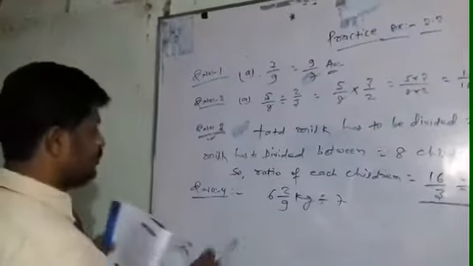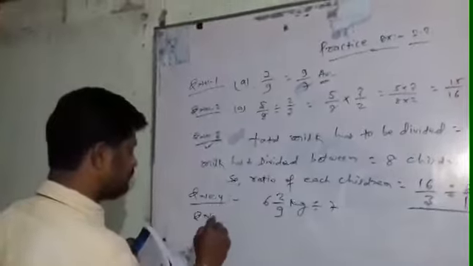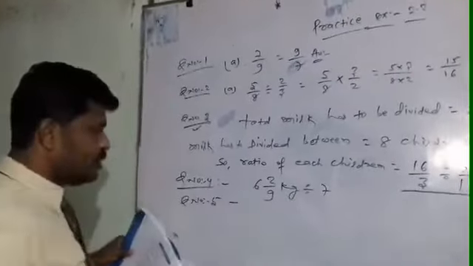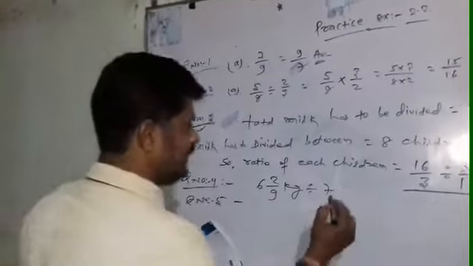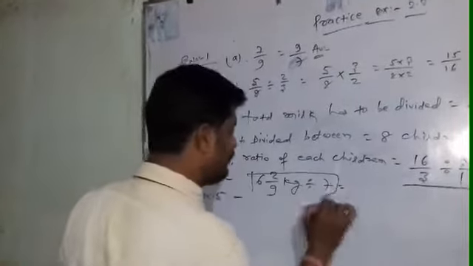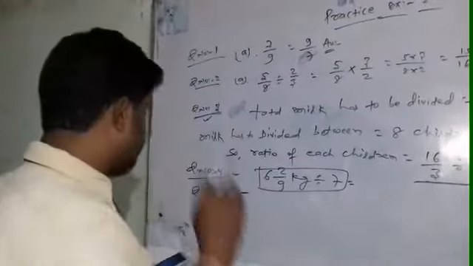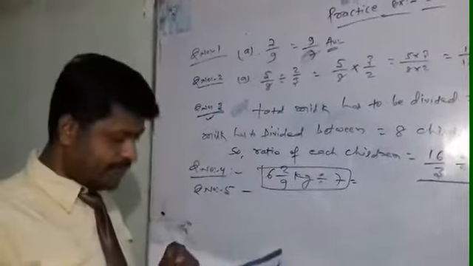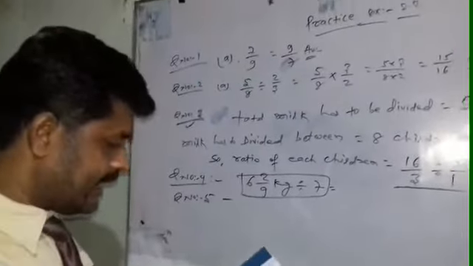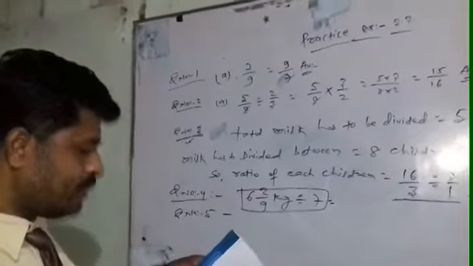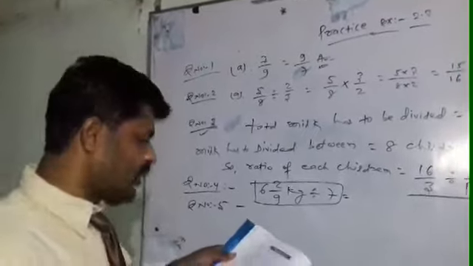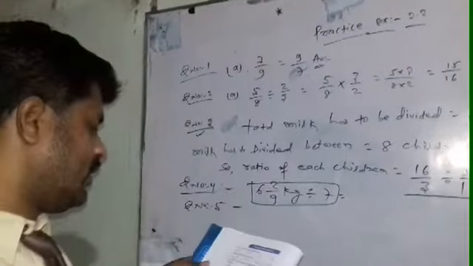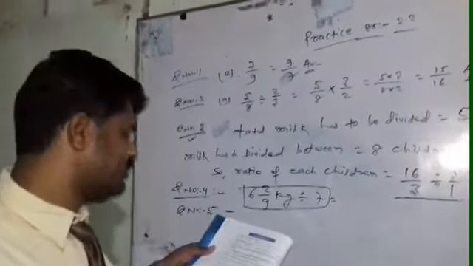Okay. Question number 5. If you solve this, then you will get your answer. Question number 5 says that if the cost of 5 whole 2 by 5 liters of milk is equal to 101 whole 1 by 4, find the cost per liter.